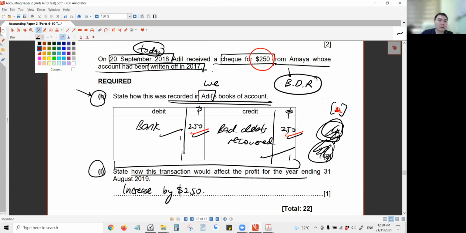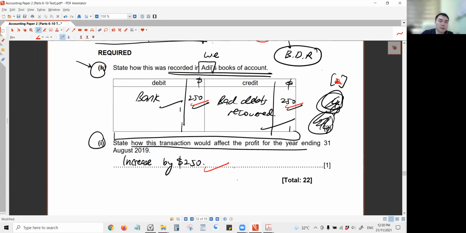Don't need complete sentences here. Unless the question asks you to explain, then those are the questions where you need to write complete sentences. If they say just state, don't have to write complete sentences.